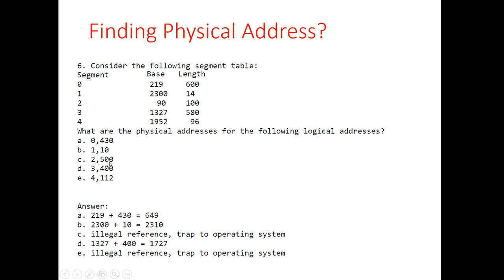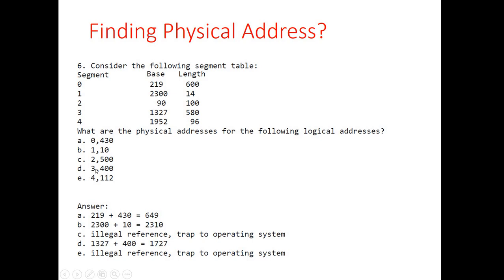That much size is not available in segment number 2. It leads to an illegal memory reference, so it generates a trap to the operating system. Therefore this is an error. This address is not available in the segment. It is an illegal reference, so the operating system gets a trap when this reference is made.